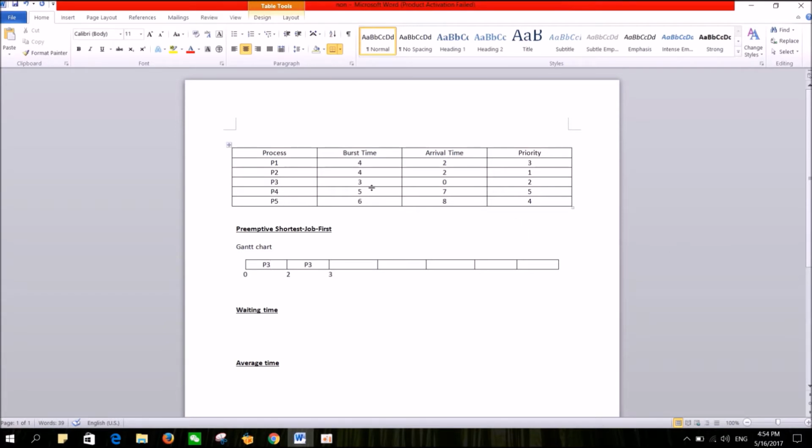But in this question, both processes have the same burst time. So we have to check their priority. The lower priority number will be chosen to be executed first. So P2 has the lower priority, which is 1, so P2 will be chosen to be executed first.